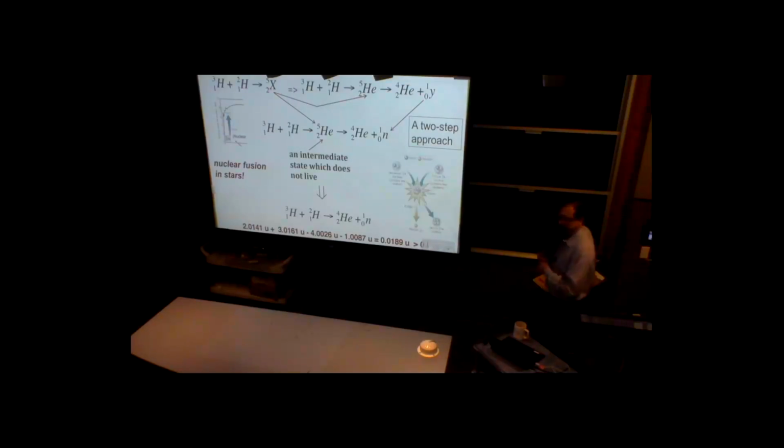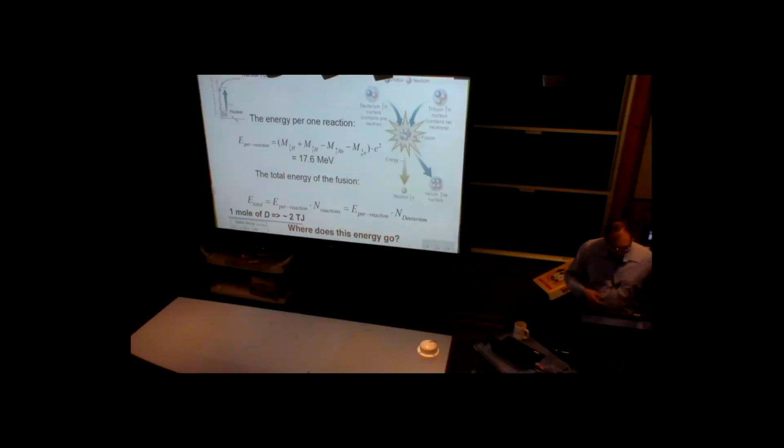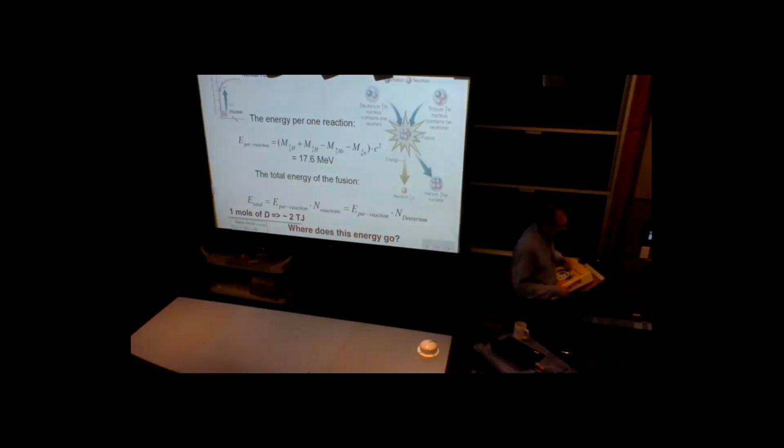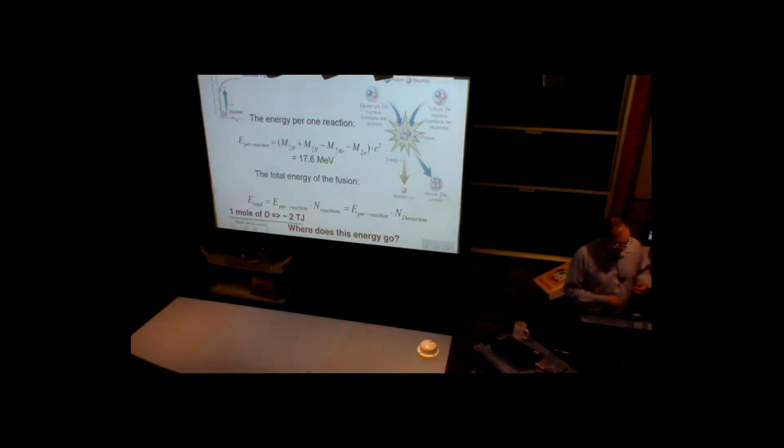The reaction like that so far cannot be managed. So far, all we can do is make a bomb. If we could manage just 1 mole of deuterium, that would give us 2 times 10 to the 12th joules of energy.